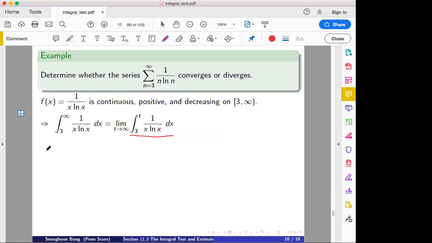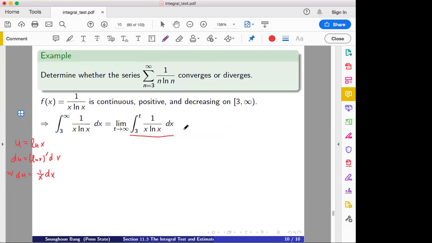The u-sub. Okay, what is u? Yes, ln of x. Because what is du? du is the derivative of ln of x dx. So we have du is 1 over x dx.